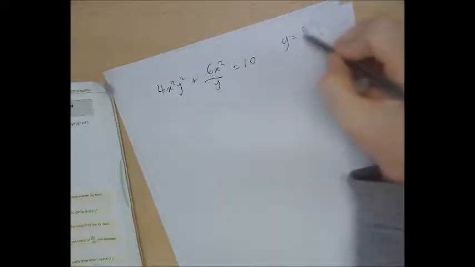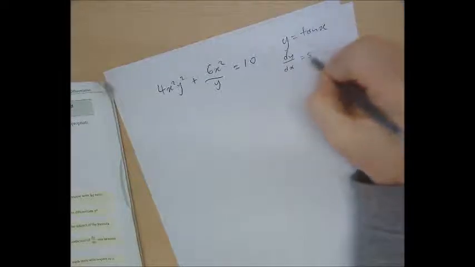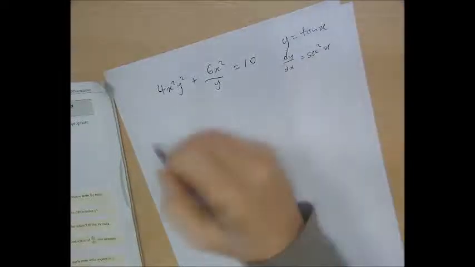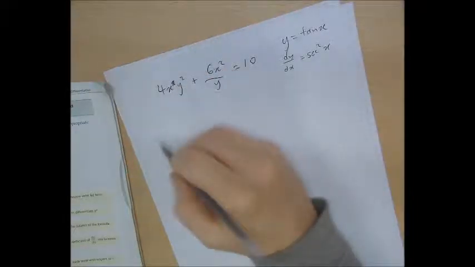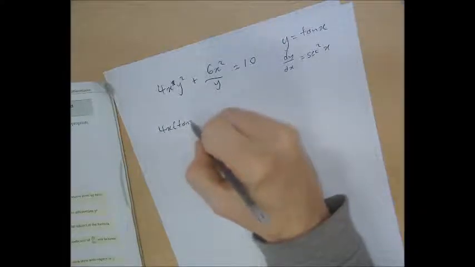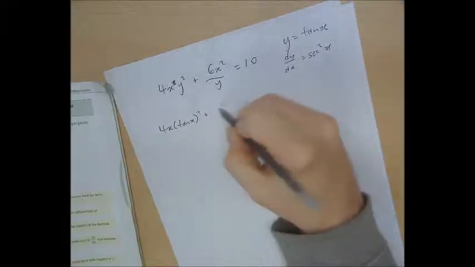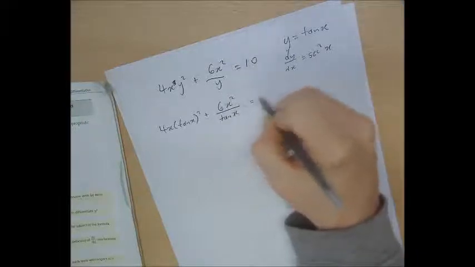Here's the funky trick. Pretend y equals tan x. So dy/dx equals sec squared x. In which case, that's not a squared, so it's 4x tan x squared plus 6x squared all over tan x equals 10.